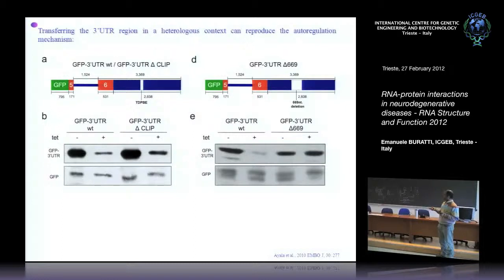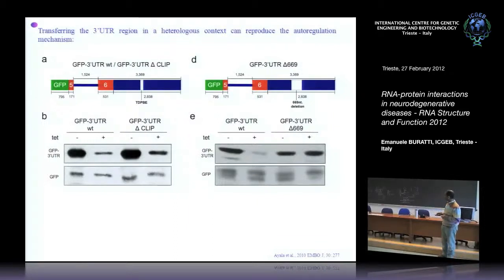When we transfected this reporter construct into the cells capable of producing the wild-type transgene, if we just make a small deletion inside this TDP-43 binding region that we called TDP-BR, then autoregulation efficiently occurs after you switch on the expression of the transgene. But if you remove the entire 600 nucleotide region, then autoregulation does not occur anymore.